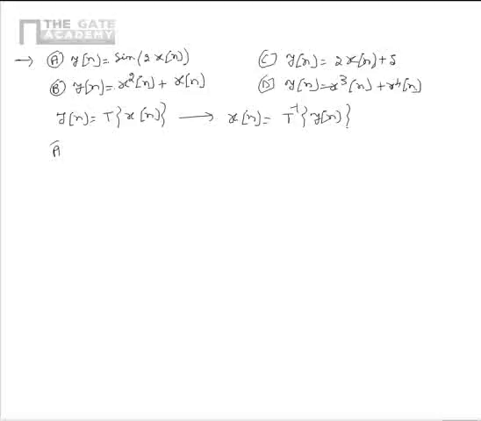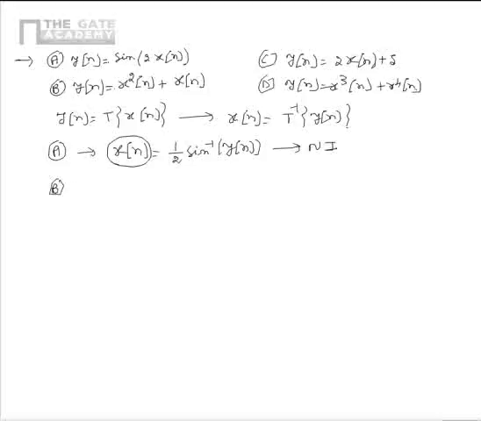Now if we pick the system in option A, the inverse system that we can get is x of n is equal to half sine inverse of y of n. Here we see that the input x of n cannot be recovered exactly for all values of y of n due to the many to one relation of the sine inverse function. From this we say that the given system is non-invertible.